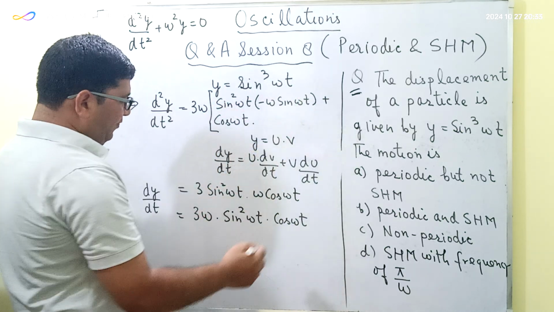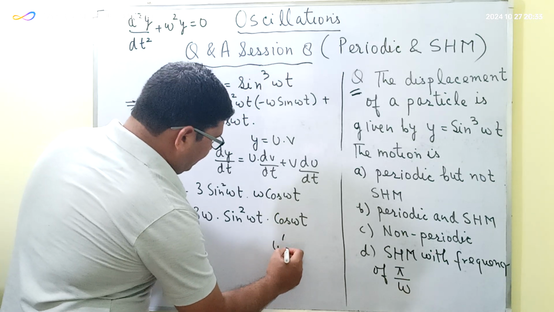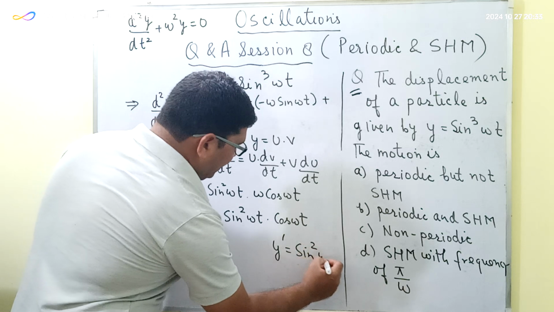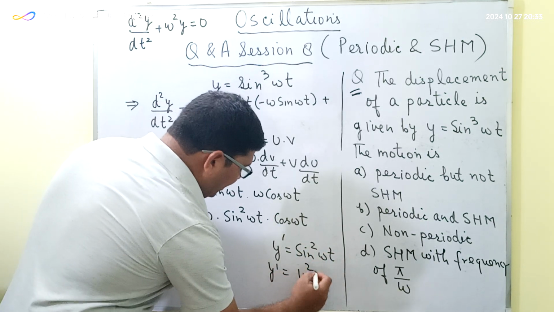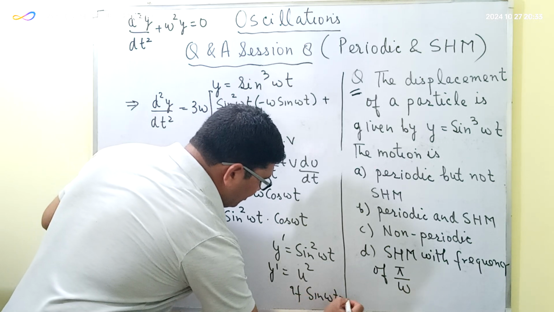So let us consider that y dash is equal to sine square omega t, and so this y dash will be equal to u square if sine omega t is equal to u.